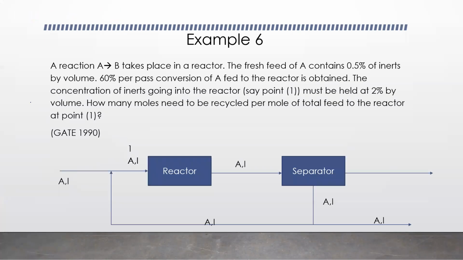Now, when it is mixed with the incoming recycle stream, let's consider the flow rate of the recycle stream to be R. All right. Now, when it is mixed with this incoming recycle stream, inerts must be held at 2%.